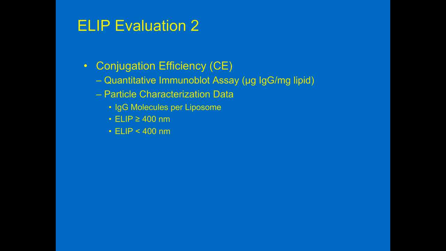So we have had to develop our own specific quantitative immunoblot assay, because phospholipids, which are used in liposomes and many other lipid formulations, interfere with all the standard protein assays. So we have developed an assay where we're actually measuring the protein conjugated to the surface of the liposome. And then we get a result in micrograms. In this case, we're mainly talking about antibodies, so we're talking about micrograms of IgG per milligram of lipid.